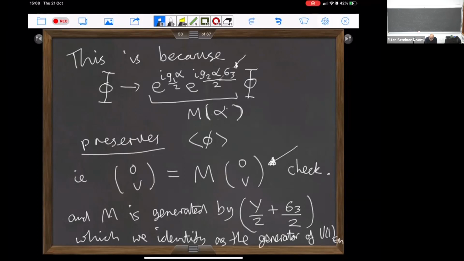Sorry, there's a mistake here. These coupling constants shouldn't be here. Let me correct that. And when we say hypercharge here, this is really e to the i alpha over 2 multiplying the whole 2 by 2 SU2 matrix.